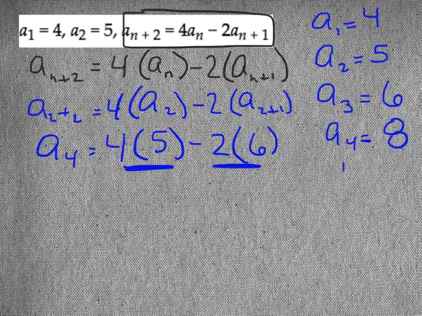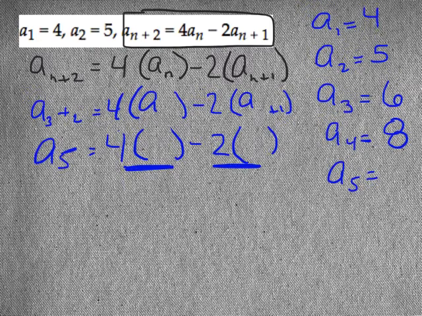Now I'm going to need to find a sub 5. To find a sub 5, I need to plug in a sub 3 here, because a sub 3 plus 2 is going to give me the a sub 5 that I want.